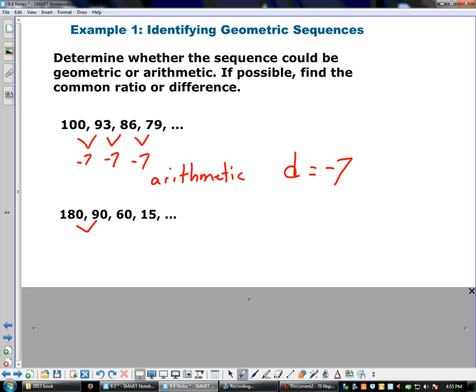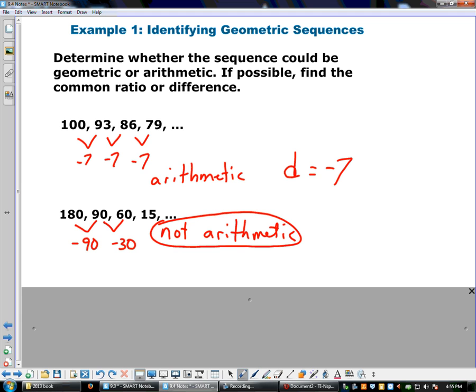If we take a look at this next one, does this have a common difference? If I do 90 minus 180, that's a -90. If I do 60 minus 90, that's only a -30. This is not going well for a common difference, so it's not an arithmetic sequence. Let's test it to see if it is a geometric sequence. We know it's not arithmetic, so to test it for a geometric sequence, we're going to want to take the ratios. 90 divided by 180 gives us 1/2.